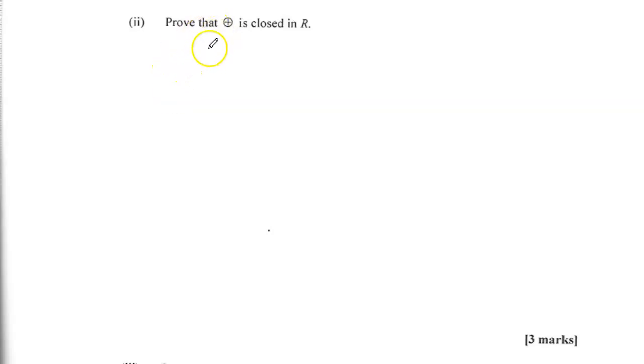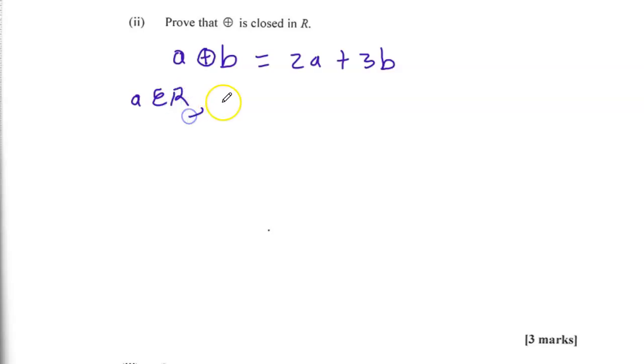Next, we're asked to prove that the binary operation is closed. Recall that it's 2a plus 3b, so we're asked to prove that the operation is closed, meaning once a and b are real numbers, the result will always give you a real number. Since a was a real number, 2a is a real number.